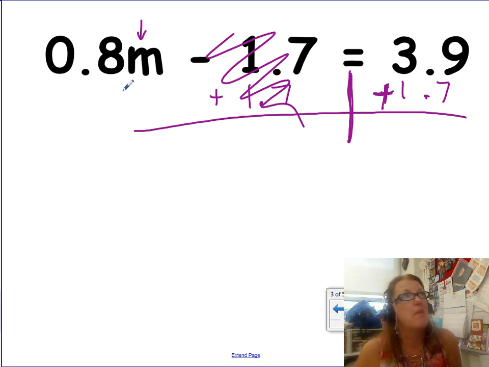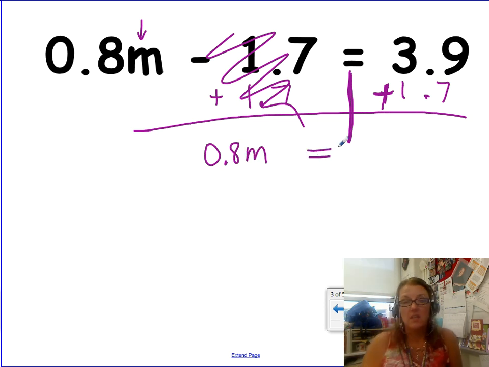And now when I'm adding 0 to something, that's called an identity. This just stays the same. So I just have 8/10 m. Getting there. Your goal is to get m to be a 1m all by itself. On this side, we get 5 6/10.